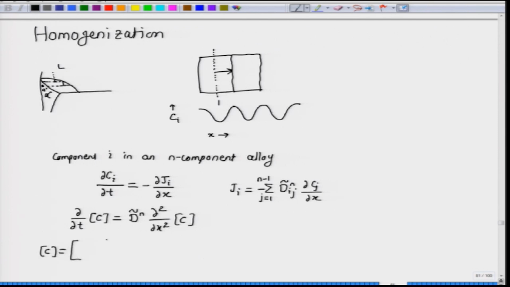For example, if we expand this for a ternary, we have two independent concentrations, so this is a column matrix of C1, C2, and D tilde n is the matrix of interdiffusion coefficients. For a ternary, we need 4 interdiffusion coefficients, so we have a 2 by 2 matrix.